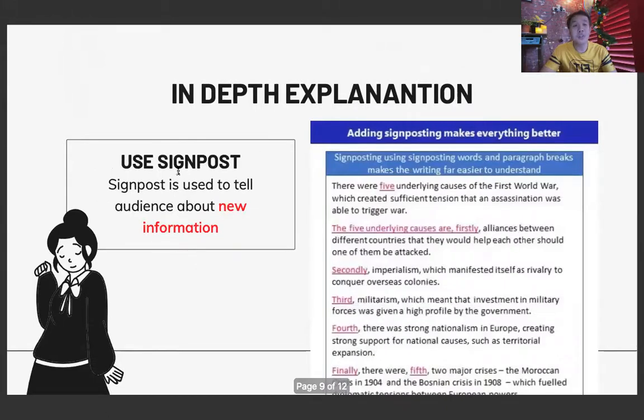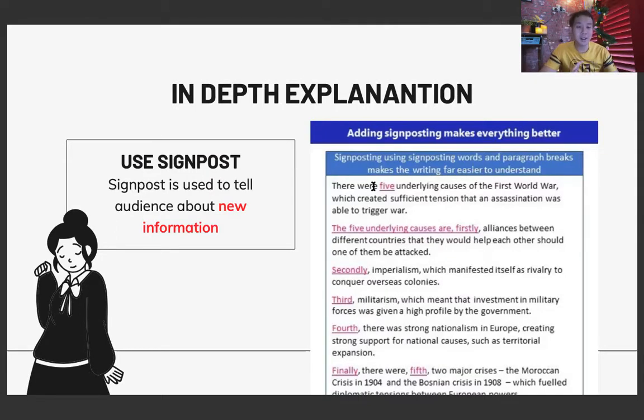Okay, use signpost. Signpost is macam untuk signal the audience about new information, maklumat baru. So these are some of the things that you can put. Contoh, signposting using signposting words and paragraph breaks make writing far easier to understand. Here it says firstly, secondly, thirdly, fourthly, fifthly.